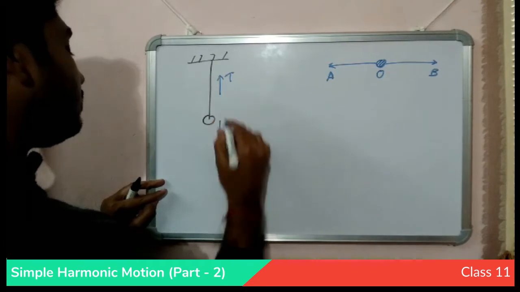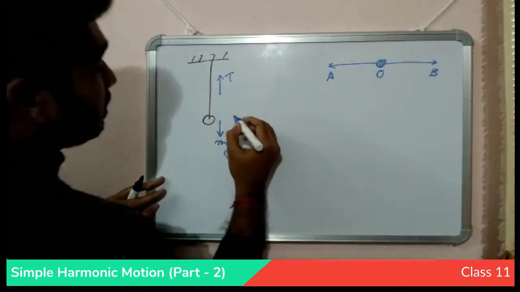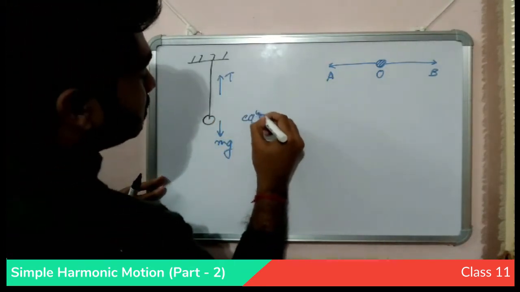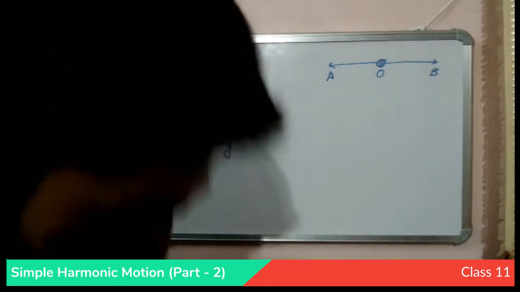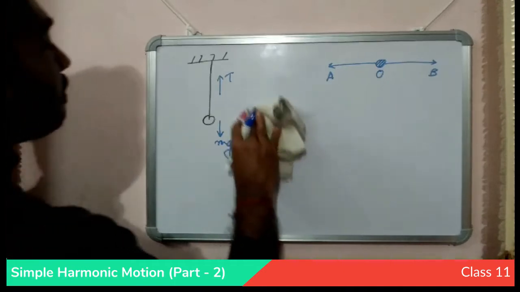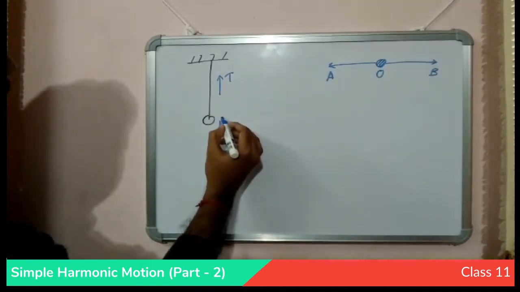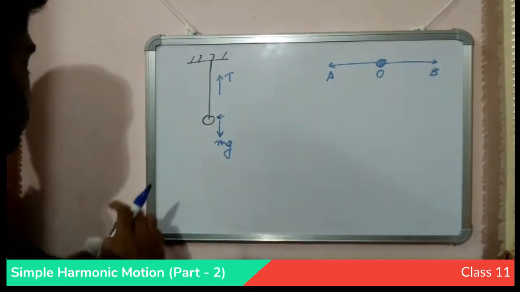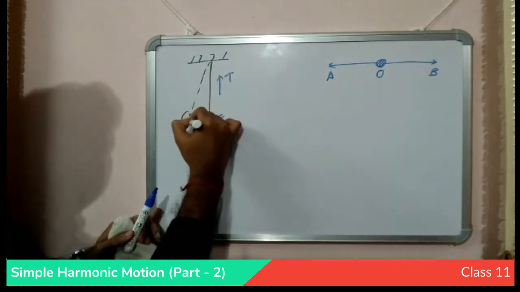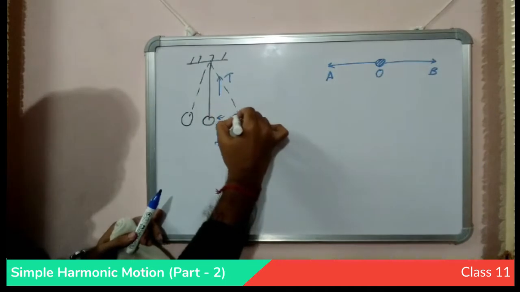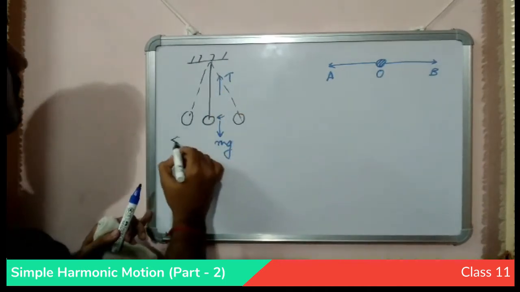And that is why the pendulum stays at the equilibrium position. And now when we apply a little force over here, the pendulum will start moving like this, in this way.